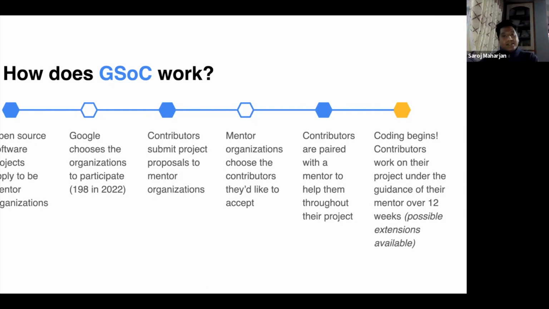And after the students submit the projects, the mentor will choose the contributors they think will be the best fit, who can get the tasks done as well as get some experience. You don't have to have working experience or anything. You should know which programming language you are working on.